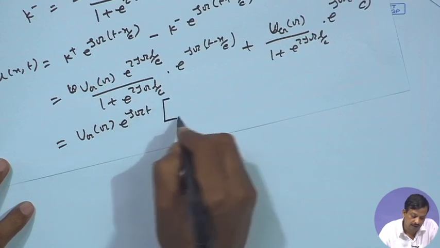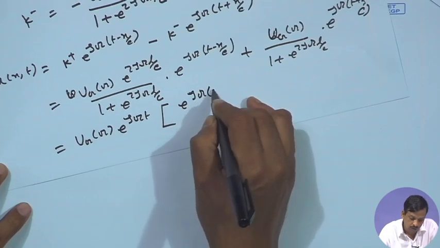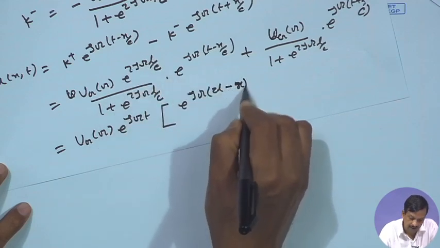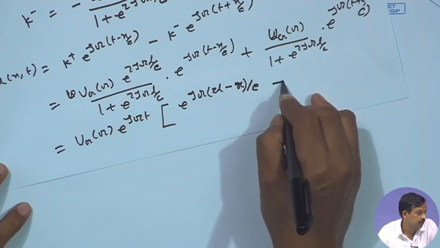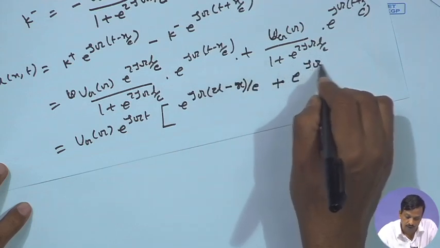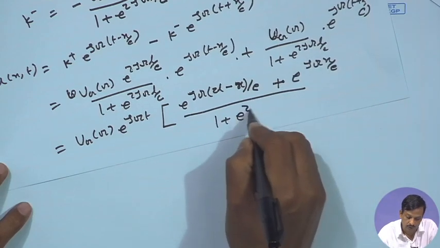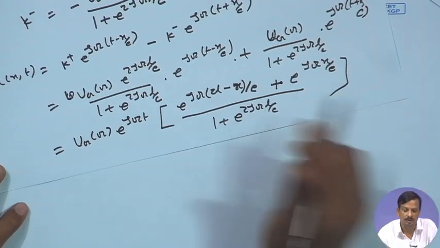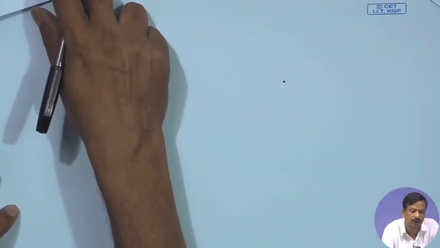Then it is nothing but e to the power j omega (2L minus x) divided by c, plus e to the power j omega x by c, divided by 1 plus e to the power 2 j omega L by c. This is the u g omega.